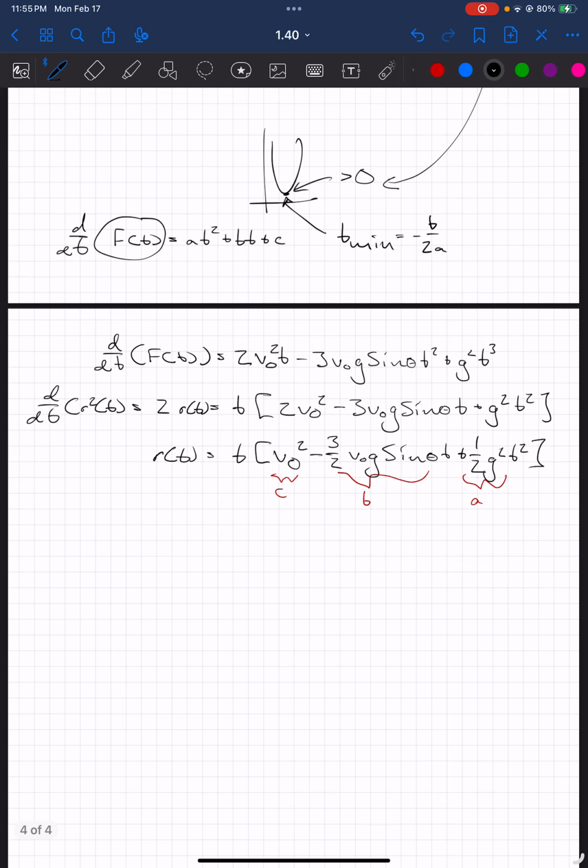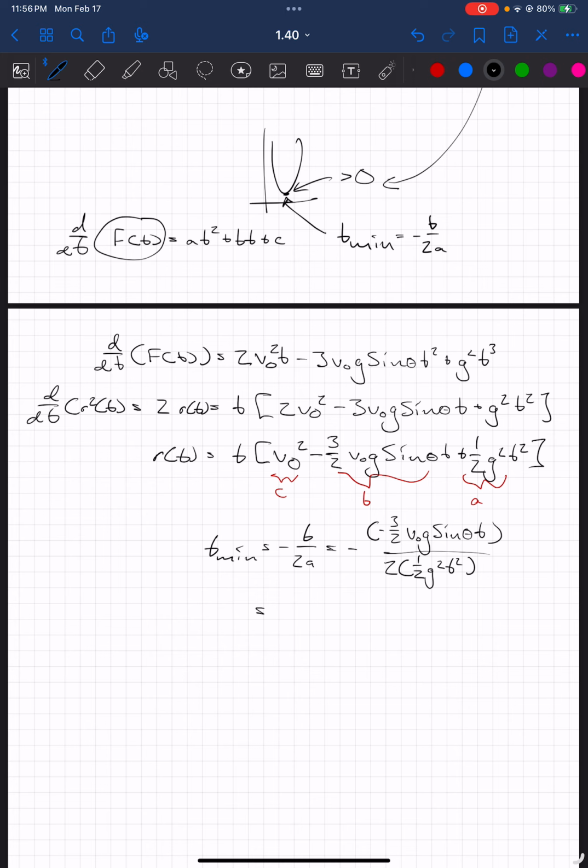So then we can plug that into t minimum, which is equal to negative b over 2a. So it's equal to negative 3/2 v naught g sine theta over a times 2, so 2 times 1/2 g squared t squared.